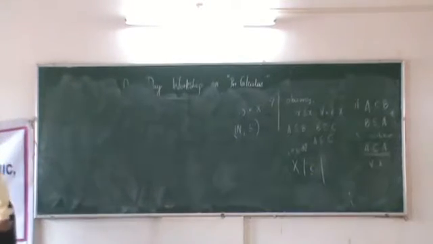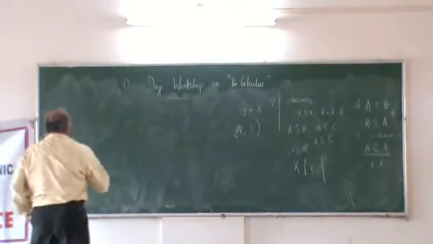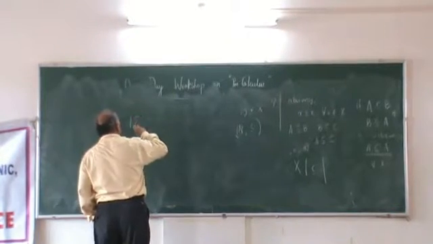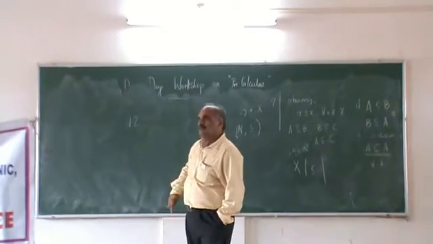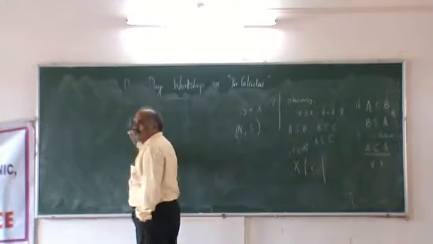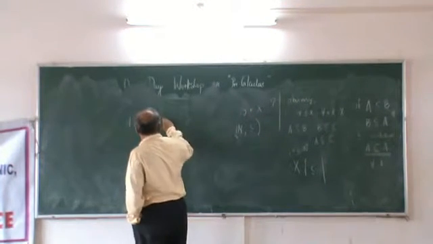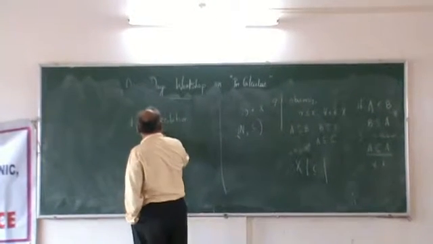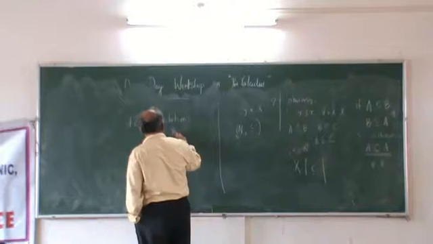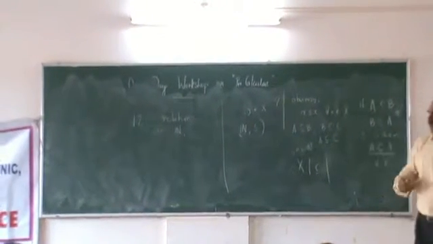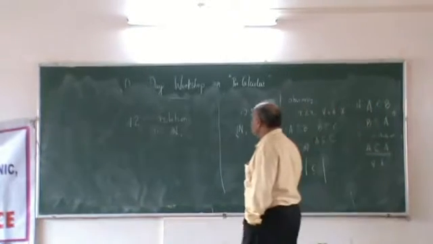Now I define again, well, okay, I take some natural number, say 12. I look at its factors, and then I define a relation in N. I define a relation like this.